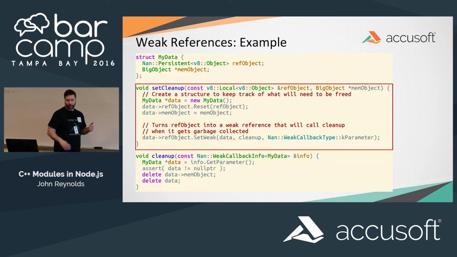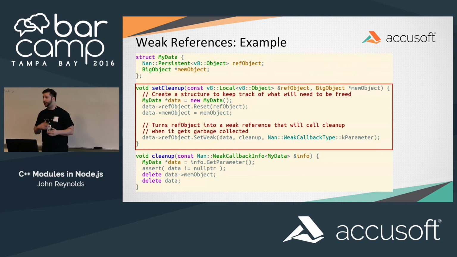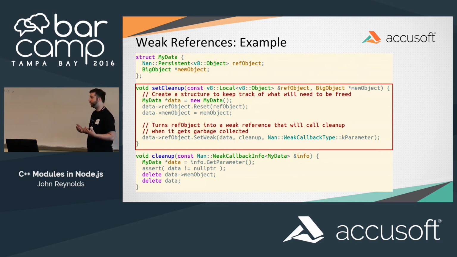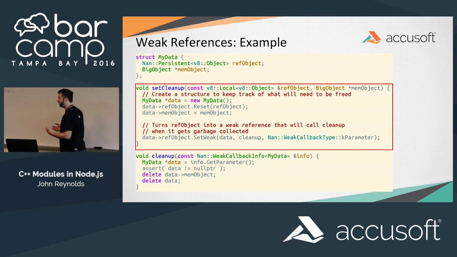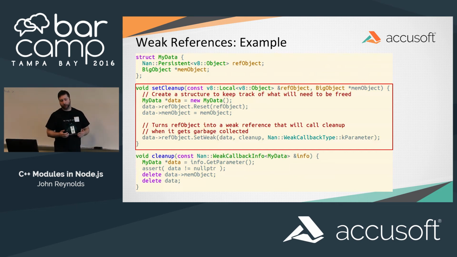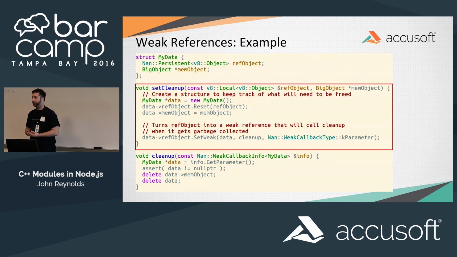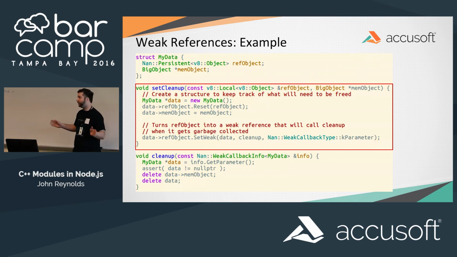So the first thing that we're going to do is we have a JavaScript object, right, that our user is passing around, and we want to associate some native memory to it. We want to associate something that we've created on the native side with this. And we want to know when that JavaScript object has been garbage collected, if we can actually delete this native memory, right? We can free up the resources, we can clear the handles, we can do anything we want with it, right?